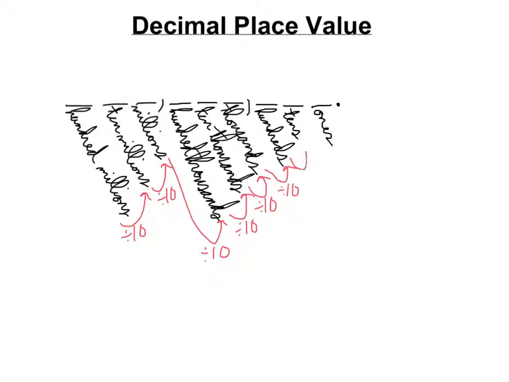Take 100 and you want to get it to 10, divide by 10. 100 divided by 10 is 10. And of course, 10 divided by 10 gives me 1.